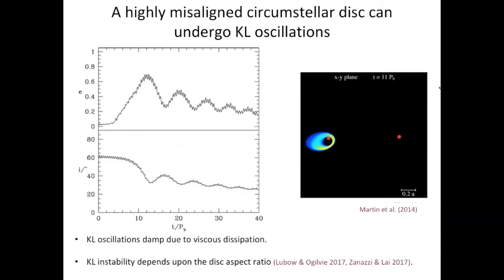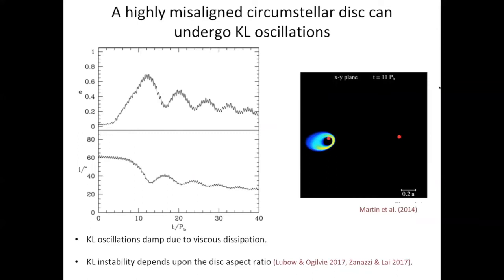So we understand how the test particle evolves, but how would a gas disk evolve? This shows a three-dimensional hydrodynamical simulation, again using phantom, and we consider the evolution of a highly misaligned disk.